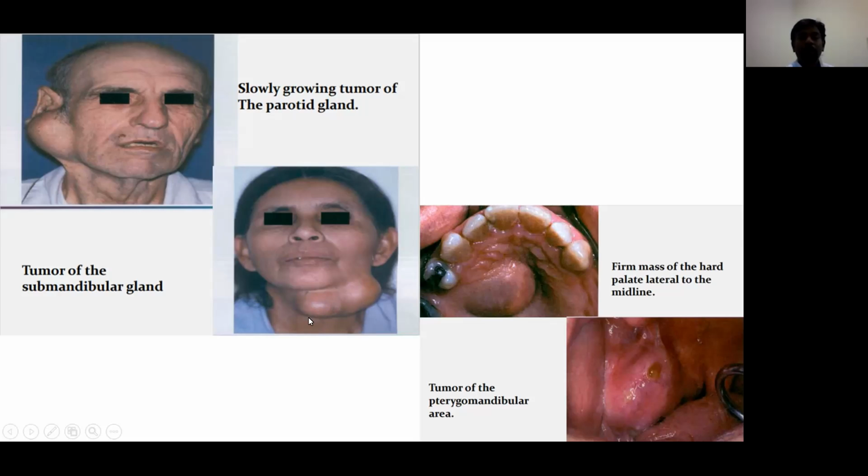It's lobulated. Can you make out the lobulation? You can see this kind of lobulations here.